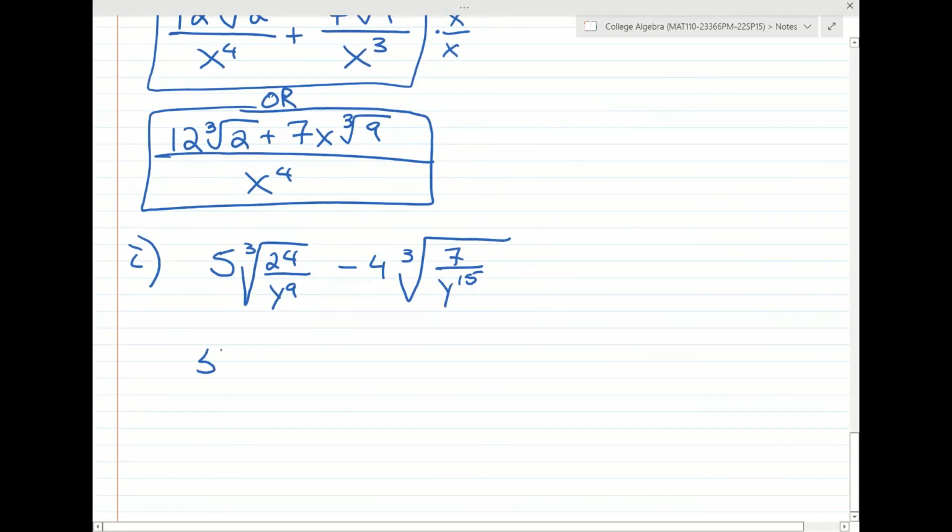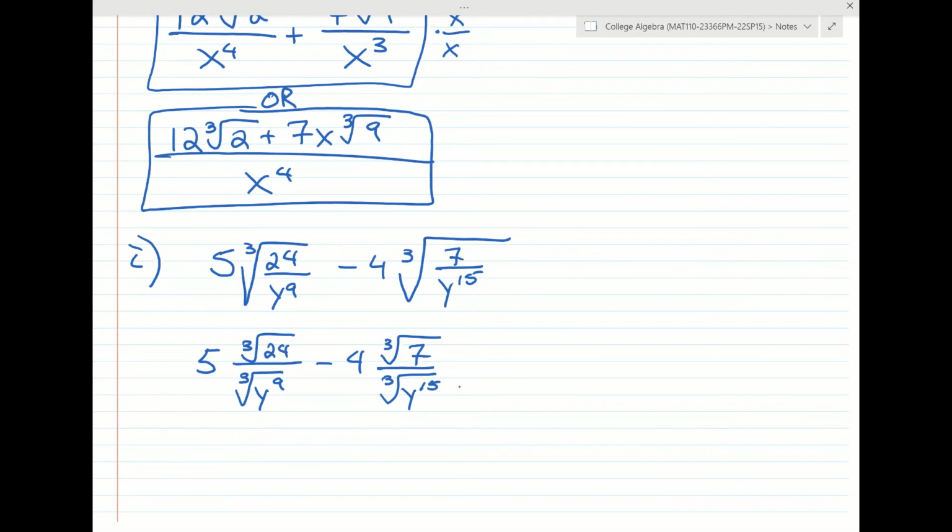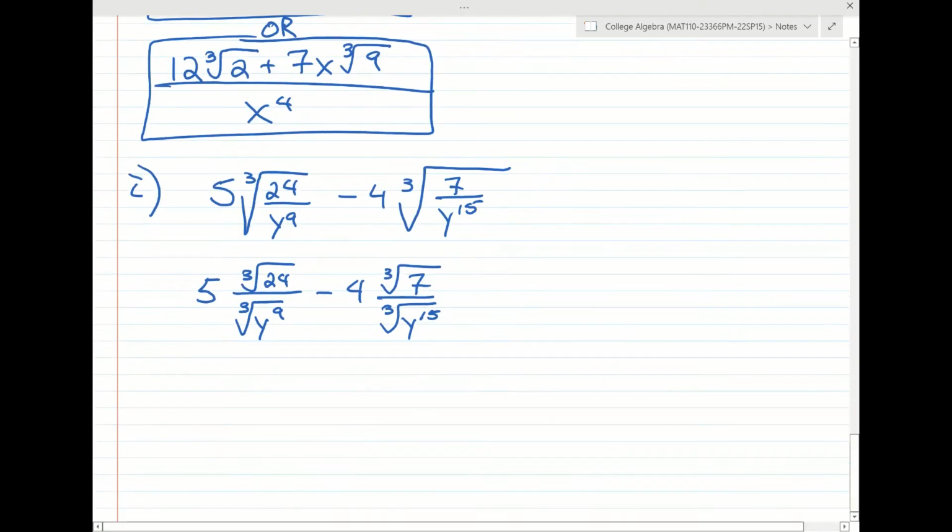Just like before, we're going to take the cubed root of the numerator and the cubed root of the denominator. We'll simplify whatever we could simplify.